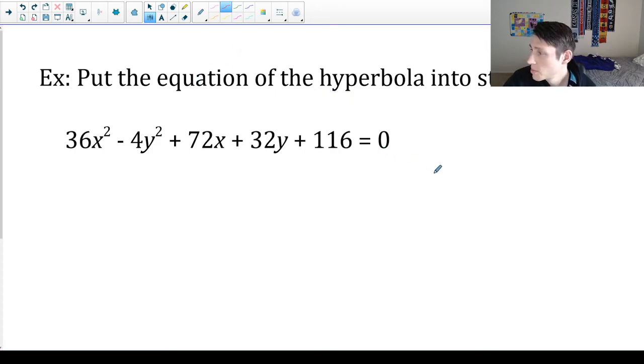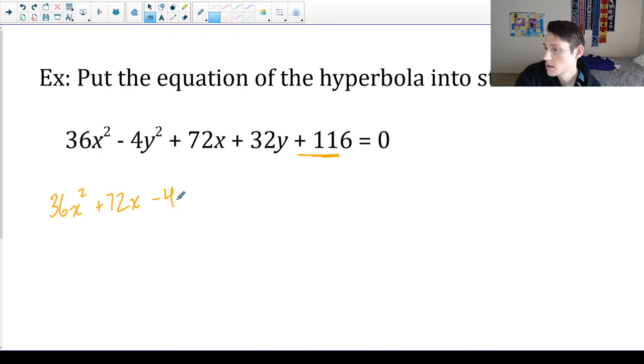Put the equation of the hyperbola into standard form. Same process we've been doing, you guys. First off, constant, move it to the right. On the left side, group stuff together. So let's group the x's. Let's group the y's.